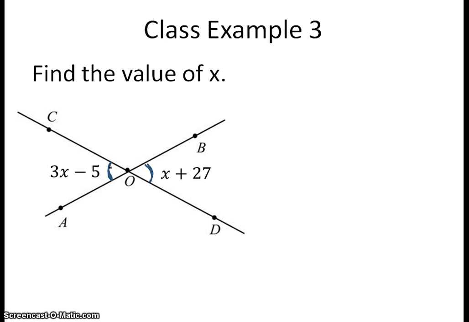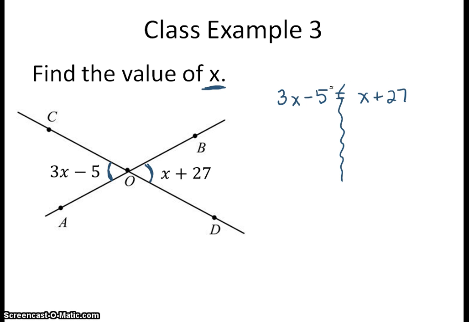Vertical angles are always congruent, which means that this is equal to this. So I can set up this equation: 3x minus 5 is equal to x plus 27. Now I can use this equation to find the value of x.